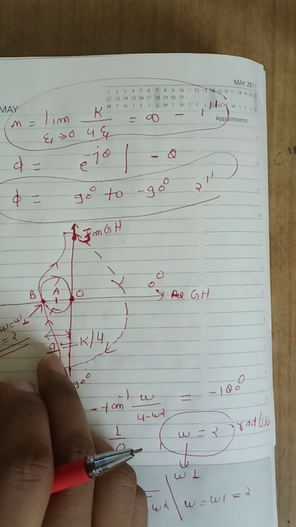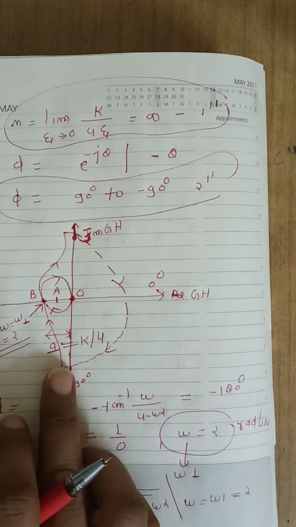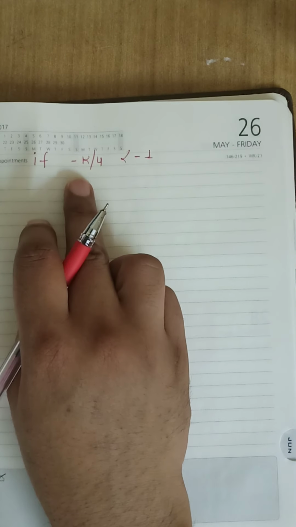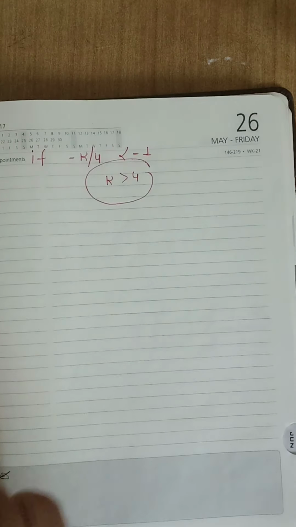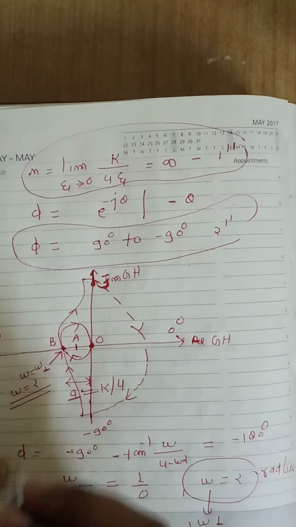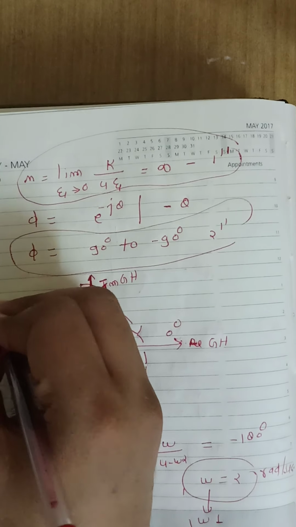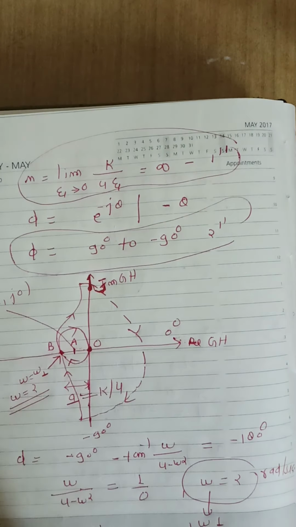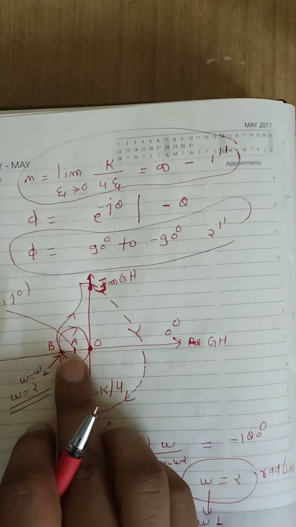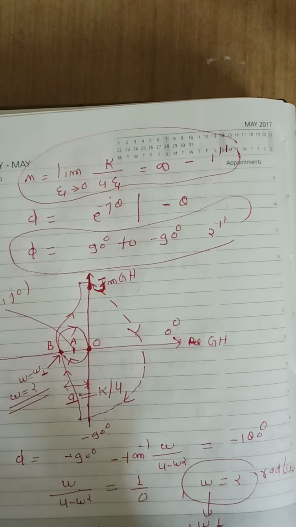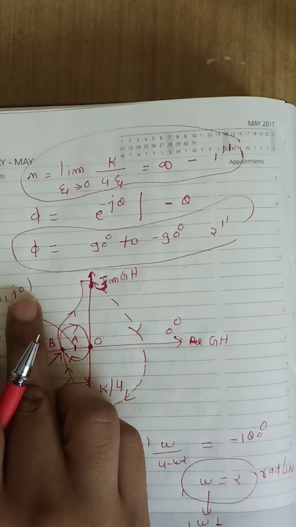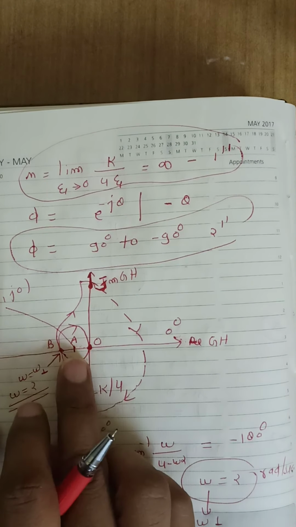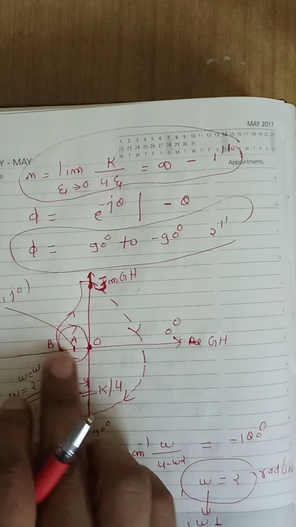Because this value we have in the left half of the S plane. So we can say if minus K by 4 is less than minus 1, you know K is greater than 4, and in this condition the critical point, minus 1 comma j0, will lie at point A, because K is greater than 4. If K is greater than 4, the critical point minus 1 comma j0 will lie at point A, or you can say inside the first closed path.